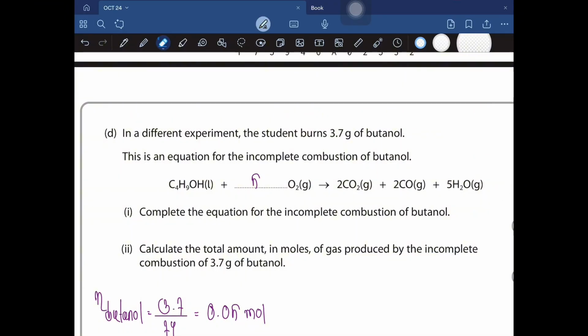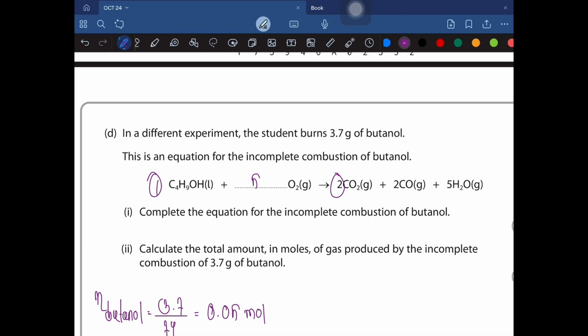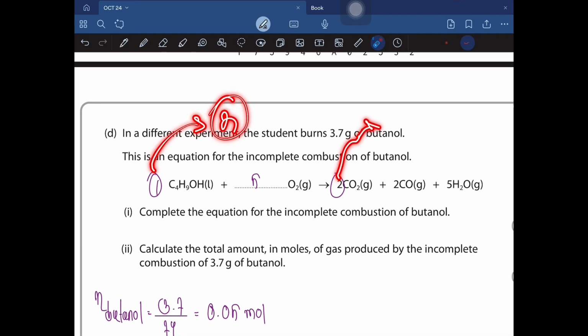Once you have the Mr, you can calculate the moles of this. And once you have the moles of this, you can find the moles of the others using the molar ratios. So this is 1 and this is 2. Suppose the moles of this is 2, then the moles of this should be 10.